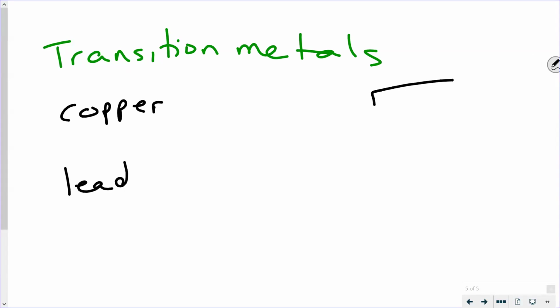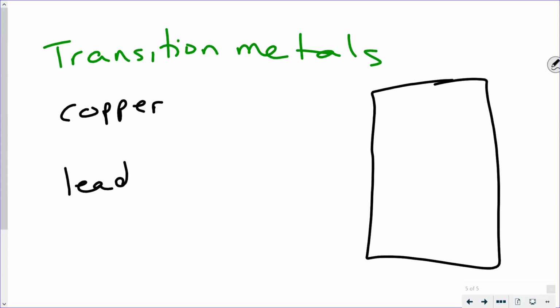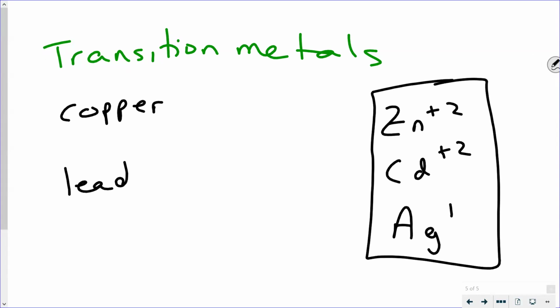But we also need to know that there's some special transition metals that their charge is always that number. Zinc, cadmium, and silver. And there's a couple, the yttrium, for example. So when I see copper chloride, it doesn't give me enough information, right?